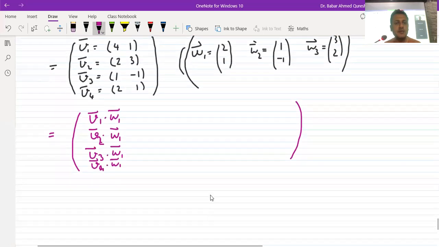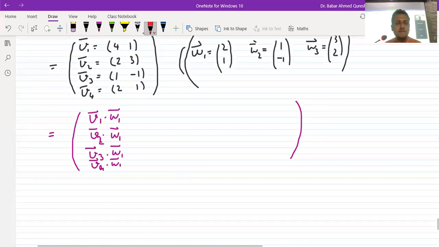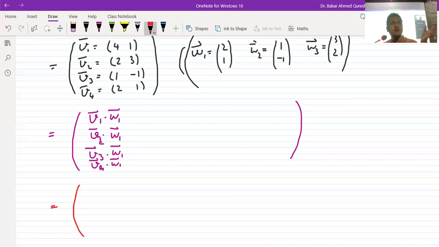So what would be the answer? You know how to do the matrix multiplication, but it's very helpful when you think of it in terms of vectors, because when we start thinking geometrically about these vectors, you will be able to say a lot of things about matrices which you won't be able to if you don't think in terms of these vectors.